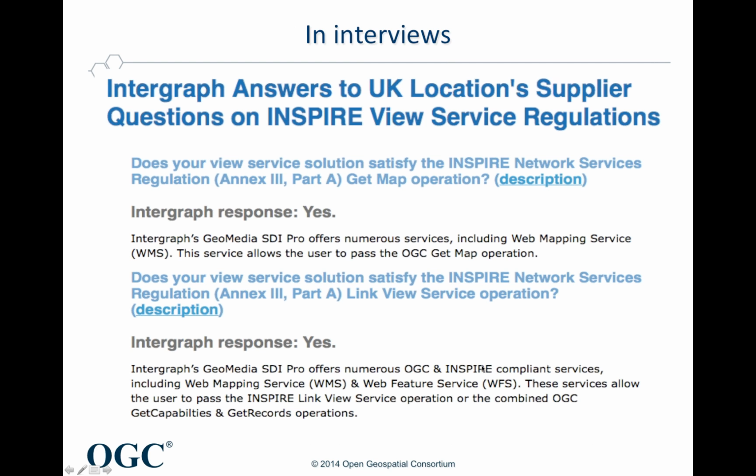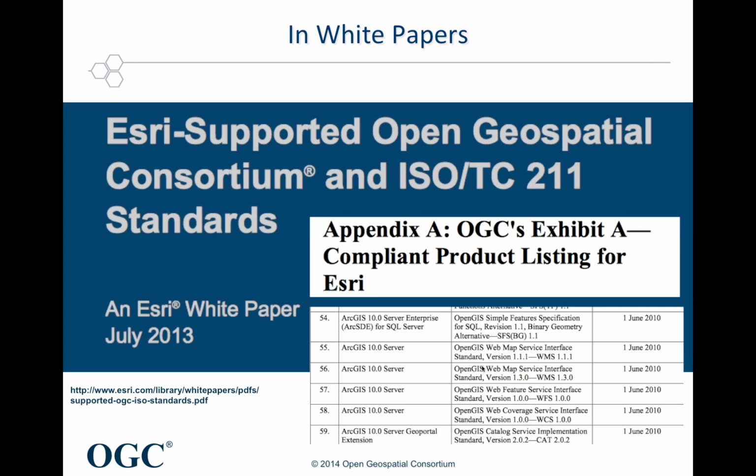And sometimes, for example, in white papers, like Esri, for example, has a white paper that lists in great detail what are the products that they have and the compliant products. And they even put the date of the certification.